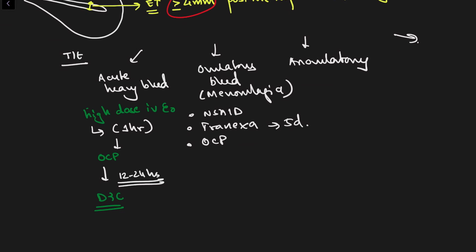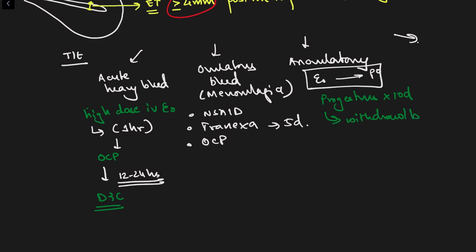Right. For anovulatory bleed, what is the goal? The goal is to convert the proliferative endometrium into a secretory endometrium. Right, this is the goal, from estrogen to progesterone. So we will give progestins for 10 days. This will stimulate withdrawal bleed. And then we can give OCP.